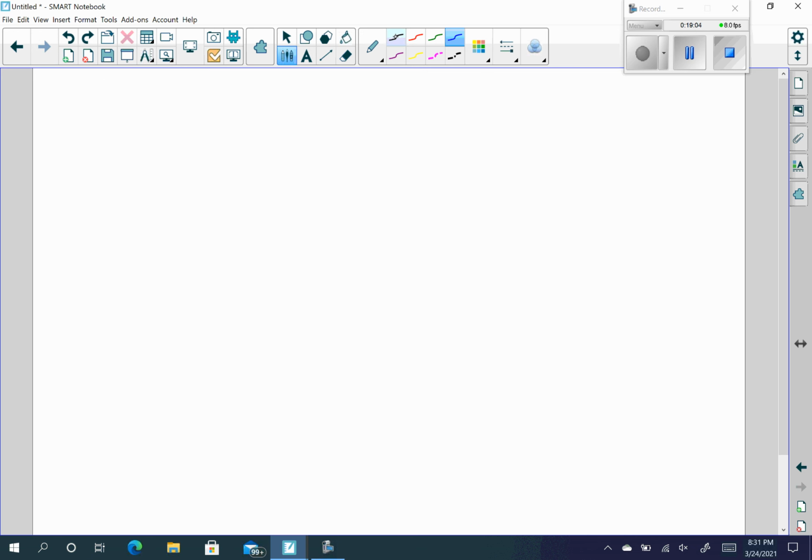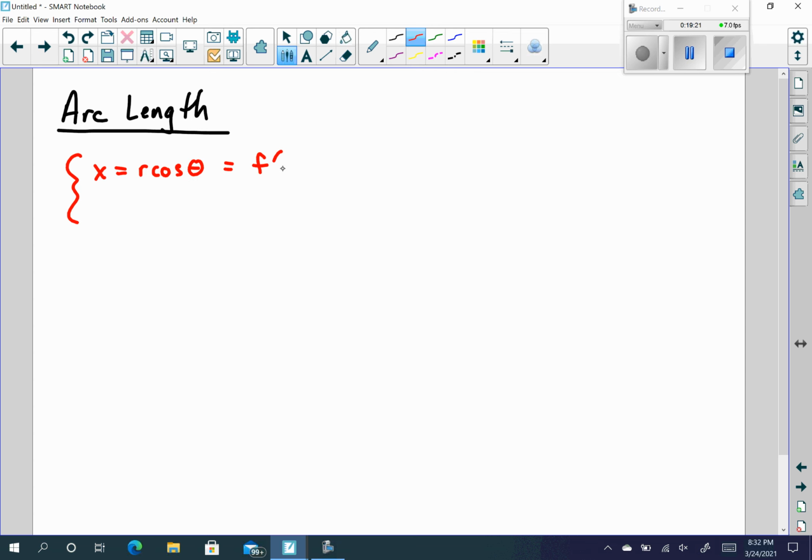All right, so now let's take a look at arc length. We have a little bit more of a straightforward formula. So again, let's go back to our famous parametric equations here, where x is equal to r cosine theta, which again is the same as f of theta cosine theta, because r is equal to f of theta. And then y is going to equal r sine theta, which is f of theta sine theta.